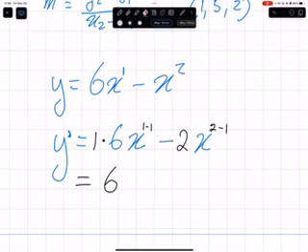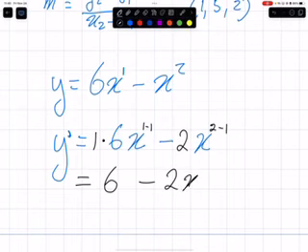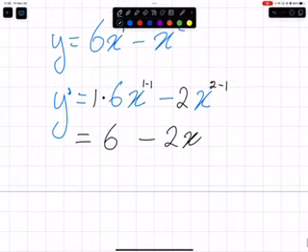So the derivative of 6x is 6, minus 2x. That's the derivative function. You keep applying the same rule. You have to know your exponents extremely well. x to the power of 0 is 1. So the derivative function is 6 minus 2x.